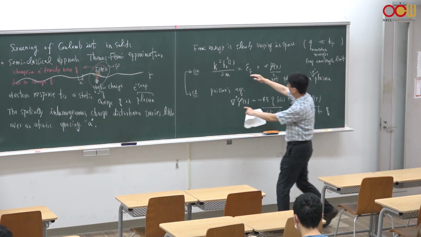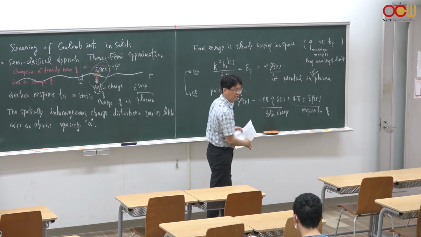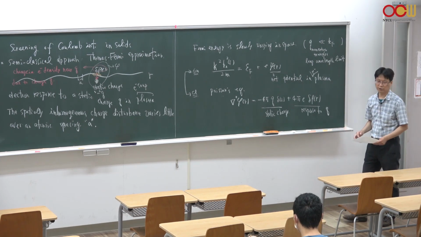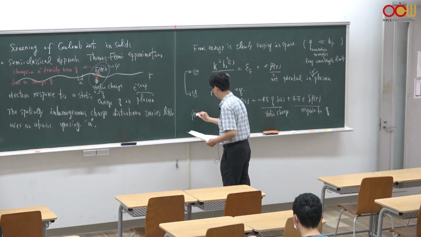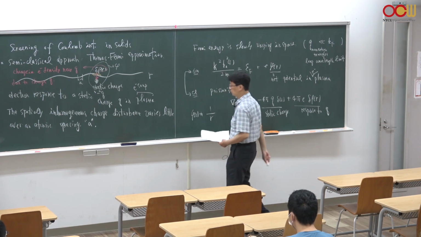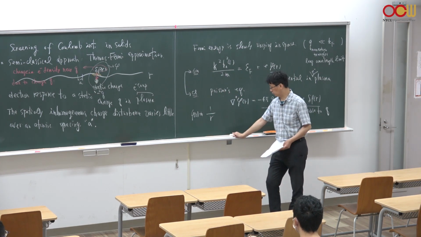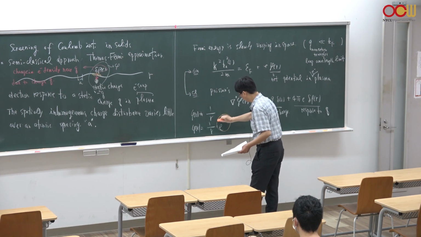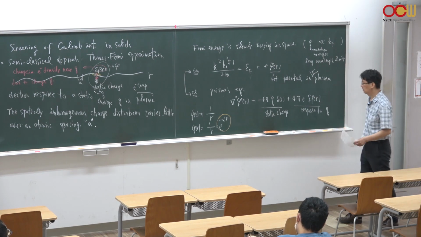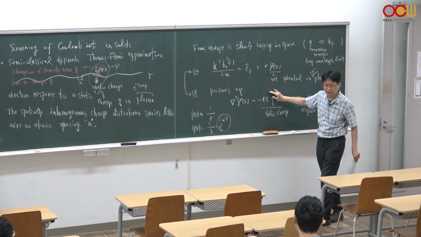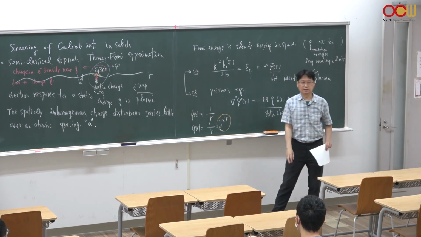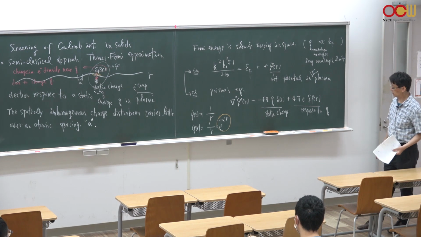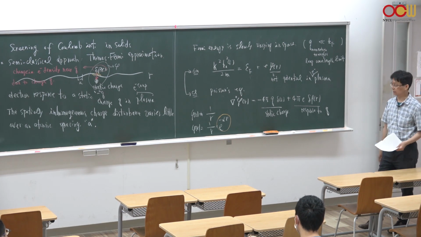By combining these two relations, we are able to describe the screening of a Coulomb potential, which means that psi of r is no longer simply described by this long range 1/r tail, but it is cut off by an exponential decay factor. If you solve those two equations together, you will find that psi of r is no longer simply the long-tailed 1/r Coulomb potential, as we know very well.